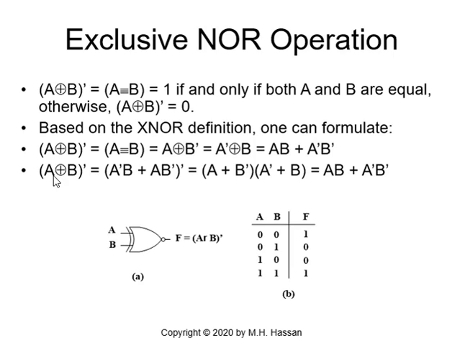Or we can say A exclusive NOR B is the complement of A prime B or A B prime, which is A or B prime multiplied by A prime or B, which is AB or A prime B prime.